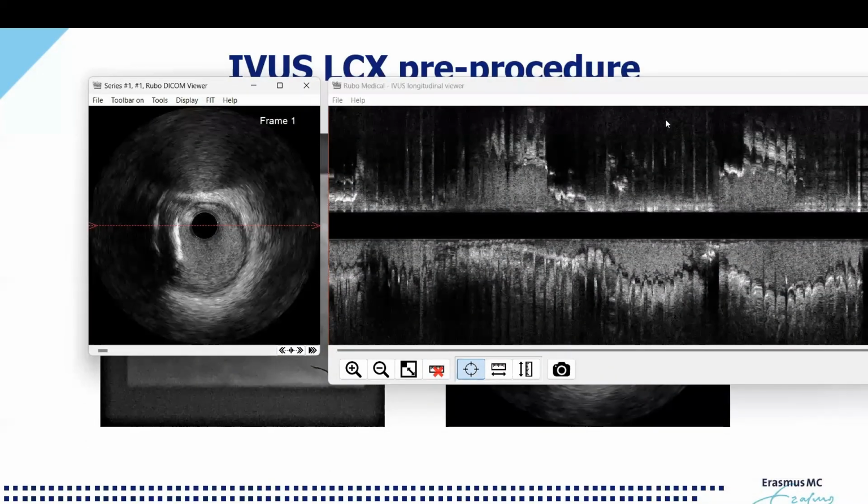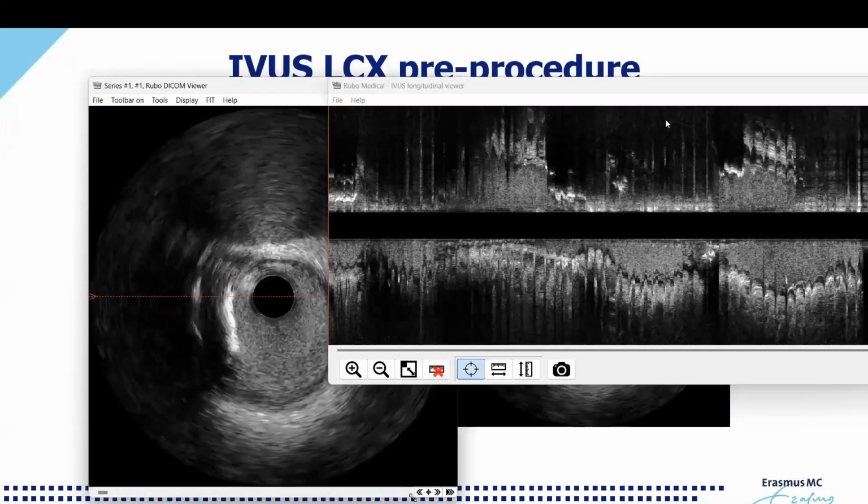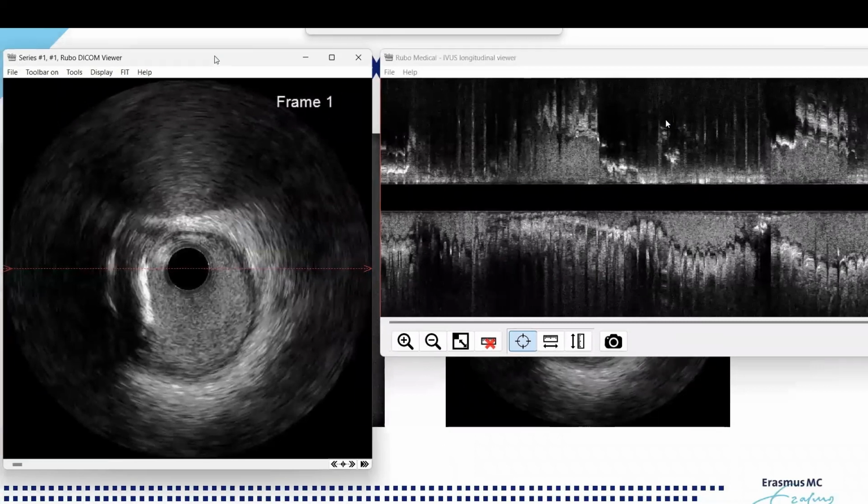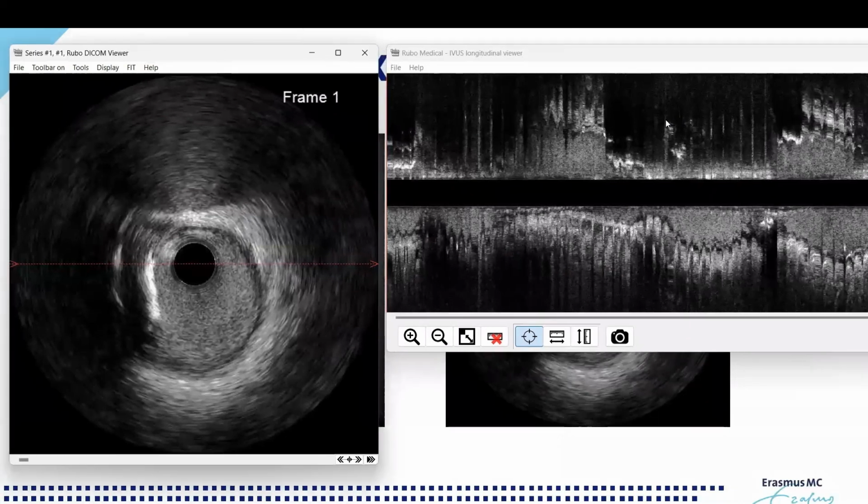Well, what we see is not the ACIST console in here, but I bring this to you with our DICOM viewer, which is always good. So we started in the distal circumflex, and what you see in the first picture already here is an eccentric calcified lesion, and I call it superficial calcium because the calcium is in contact with the lumen. And what you also see here, there is some reverberation in here.